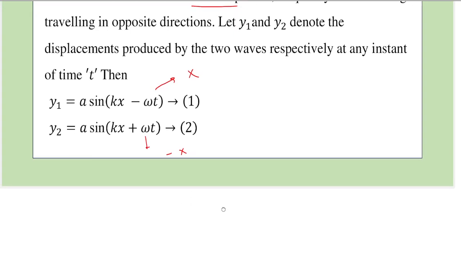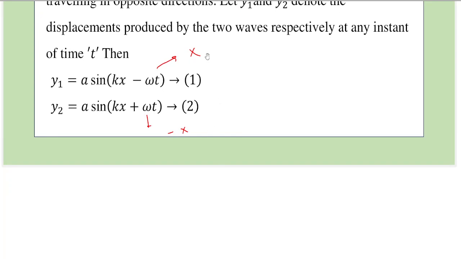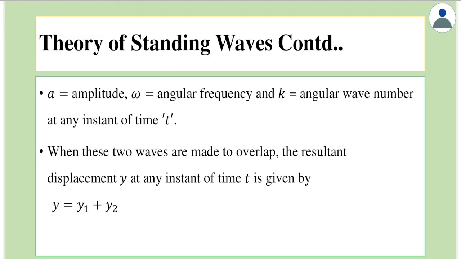So when these two superimpose, we'll rewrite it. We have y1 is equal to a sine of kx minus omega t. This is the equation for one wave. And the other displacement we call y2. y2 is equal to a into sine of kx plus omega t.